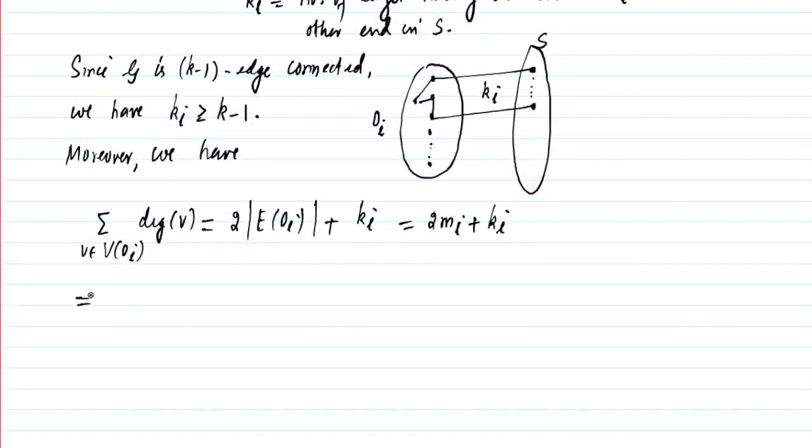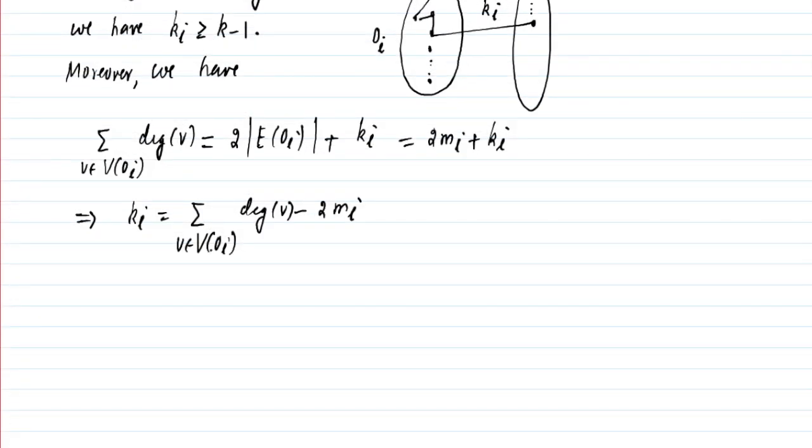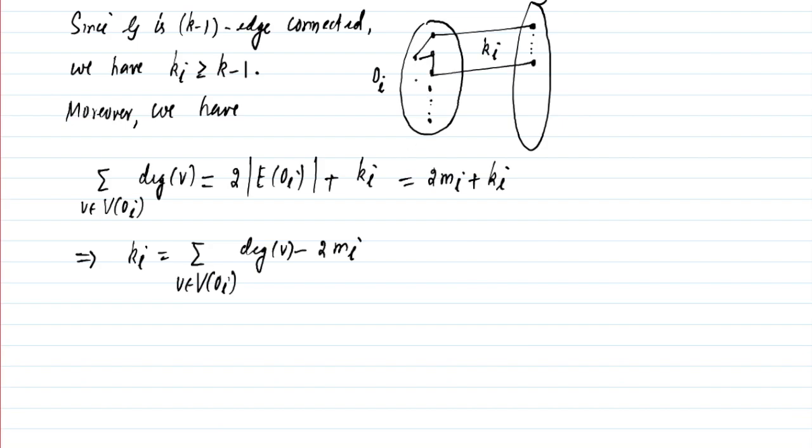This implies ki is equal to the sum over v in the vertex set of Oi of the degree of v, minus twice mi. Now as we know, the graph G is k-regular, so every vertex has degree k. In particular every vertex in Oi has degree equal to k. Therefore this is equal to k times ni minus twice mi.